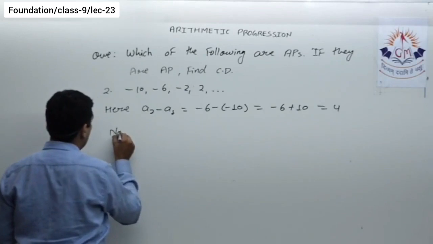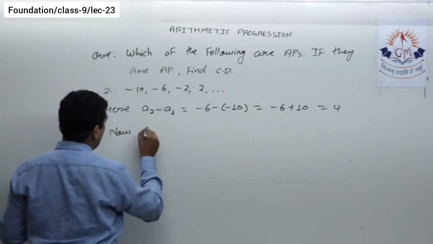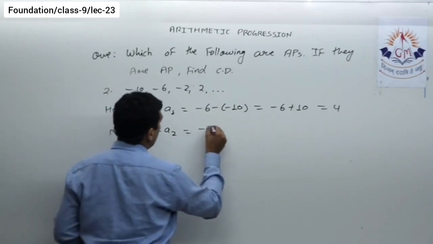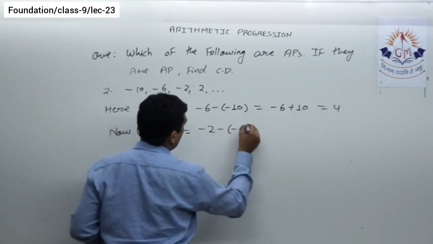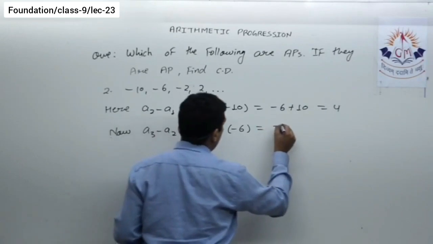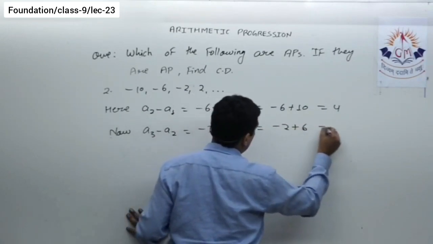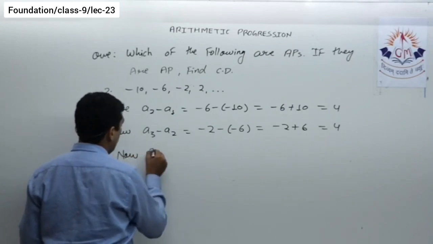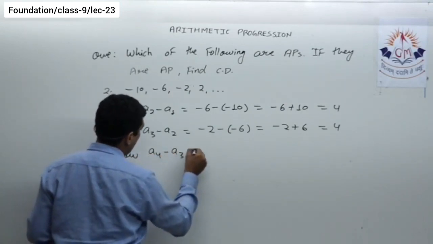Now A3 minus A2 is equal to minus 2 minus minus 6, that is minus 2 plus 6, that is 4. Now A4 minus A3, let's see.